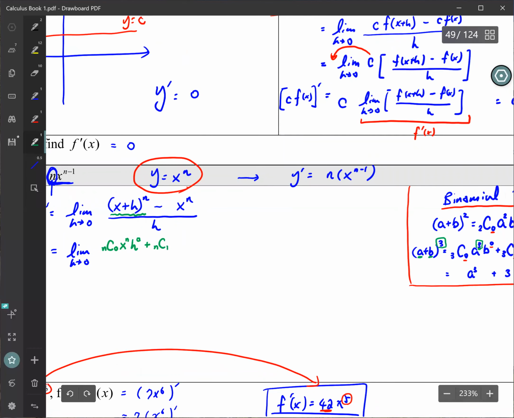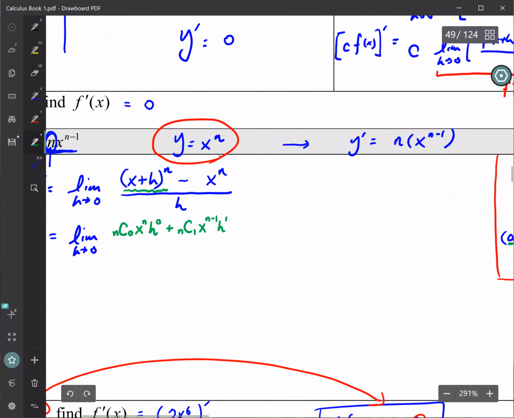And then the exponent for the first term should go down. So it will become n minus 1. Oh, okay. And then the exponent for the h will go up. So it will become 1. Yeah, that's all, right? We are applying the same pattern, except right now they are all letters. Oh, okay, that makes so much sense. Okay, thanks, Jason. Yeah, you're welcome.